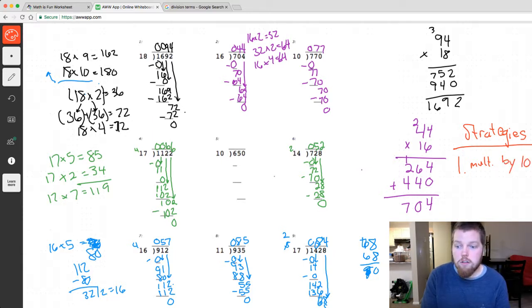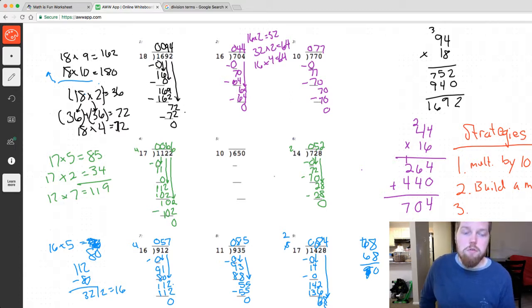And then another strategy was, obviously, you can build a multiplication table. It becomes a pretty big task when you have to have a multiplication table for 1 through like 17. That's a big table. So maybe you can find one on the internet that's already completed to help you reference your math facts.